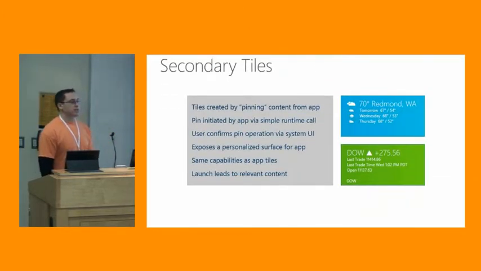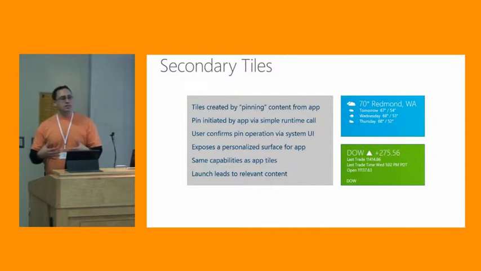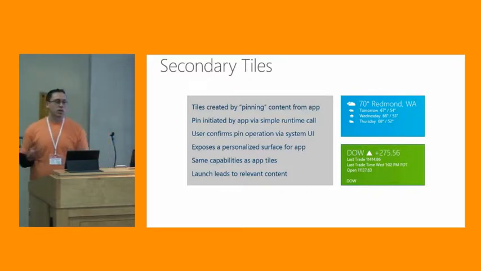So let's talk a bit about secondary tiles. Secondary tiles are really cool because what it does as a developer, it allows me to build an even more personal space for the user. So for instance, I may have a technology news app or a blog app, say Engadget, Gizmodo, or something like that. But let's say I'm only interested in a certain area of that.